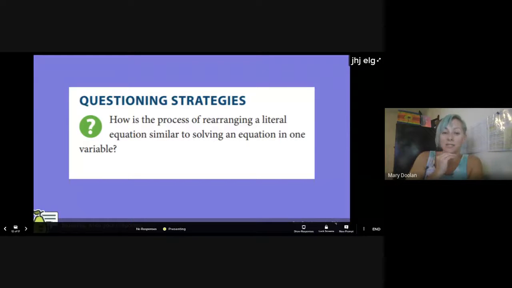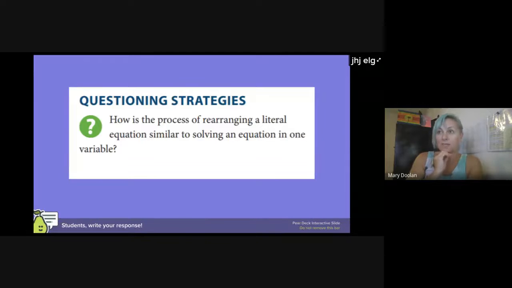Okay, so this is a question for you where you're going to type me something. How is the process of rearranging a literal equation, which is what we've just been doing, similar to solving an equation in one variable?